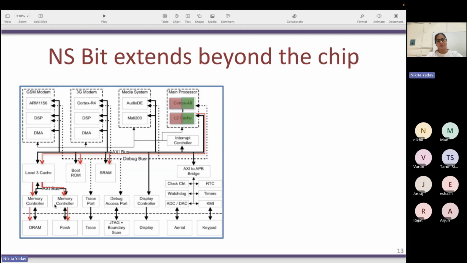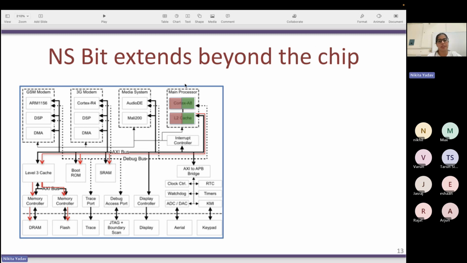Now we are next going to look at how this separation between the normal world and the secure world provides guarantees such as confidentiality and integrity of the application running in your secure world. So this NS bit extends beyond the chip.